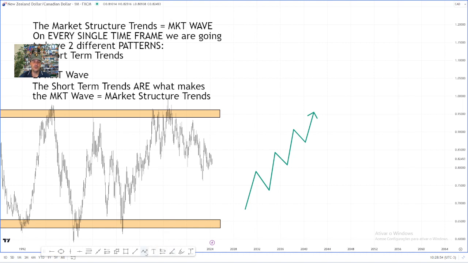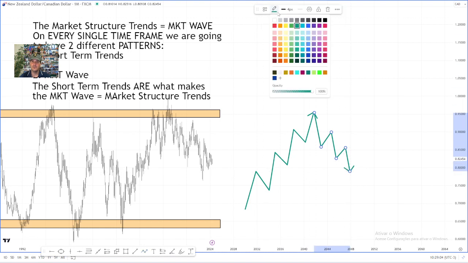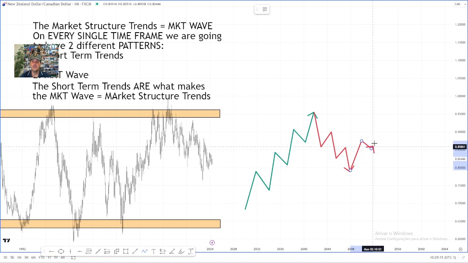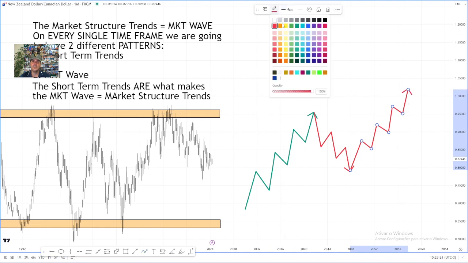Then after the extension, the market is going to start to make lower lows, lower highs, lower lows, lower highs. So you have a short-term downtrend, and then at some point the market is going to change the short-term trend again and go to higher highs, higher lows, higher highs, higher lows, like this.